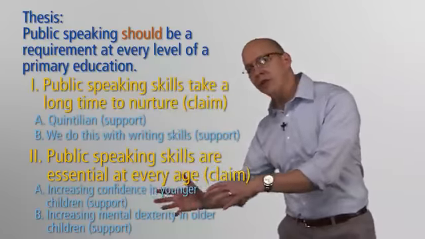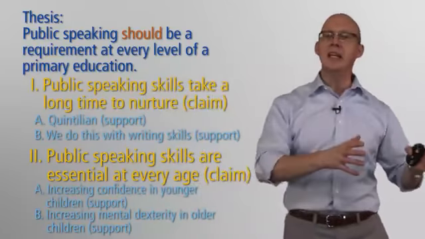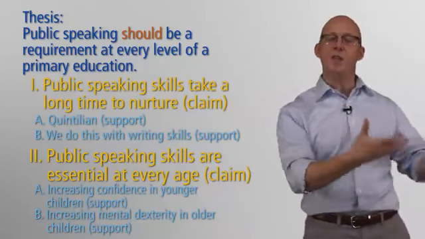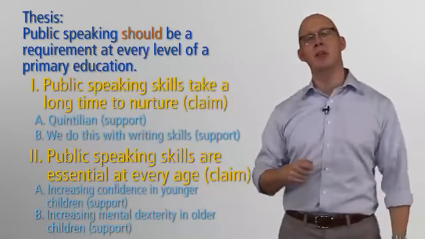I could talk about that support and relate it to the claim, providing flesh on the claim that public speaking skills take a long time to nurture. Whatever the thesis is, I want the audience to hear those claims as reasonable. Each point is supported with two pieces of evidence.